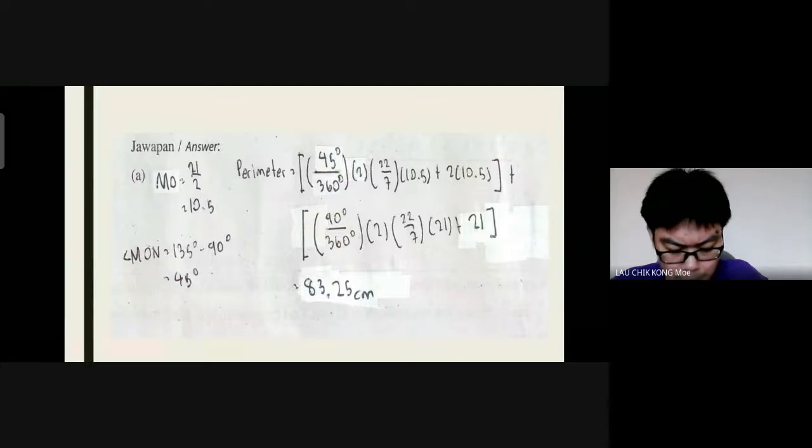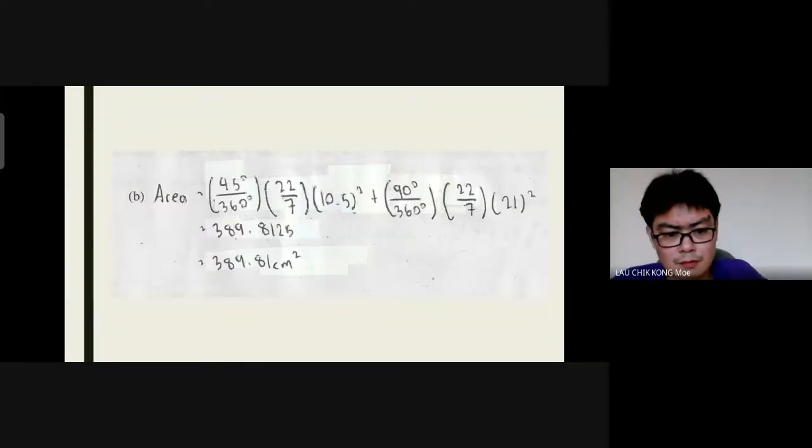We can total up the perimeter of both sectors and we find the answer, which is 83.25 centimeters. For the area, we can just use the formula theta over 360 times pi times r squared on both sectors. We total up both areas of the sectors and find the answer to 2 decimal places, which is 389.81 centimeters squared.